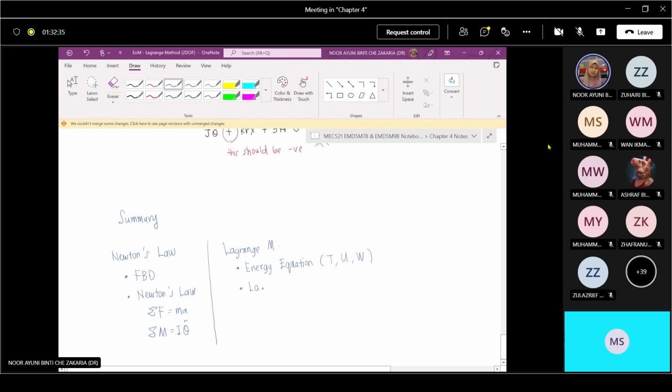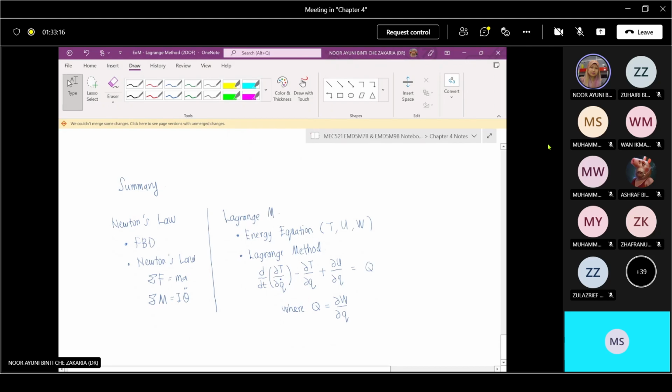Lepas tu baru guna Lagrange method, which is minus T dengan displacement plus U dengan displacement equal to Q, where Q is partial derivative of total work against displacement. That is the summary lah.